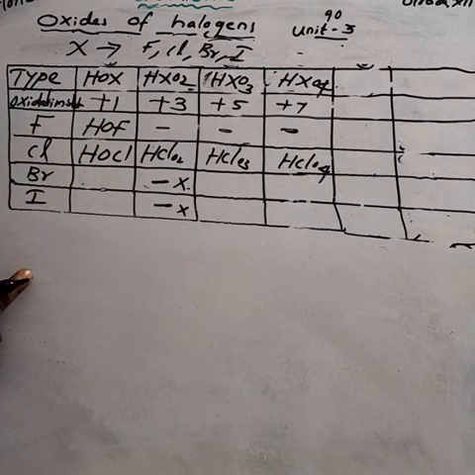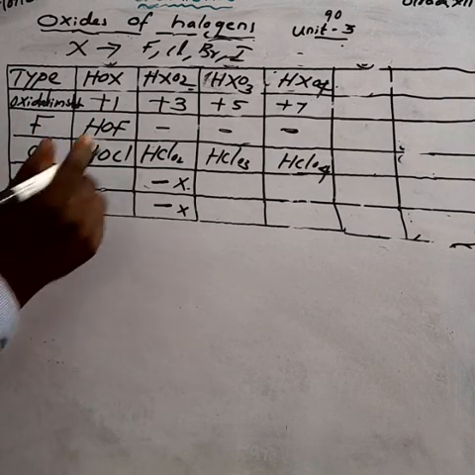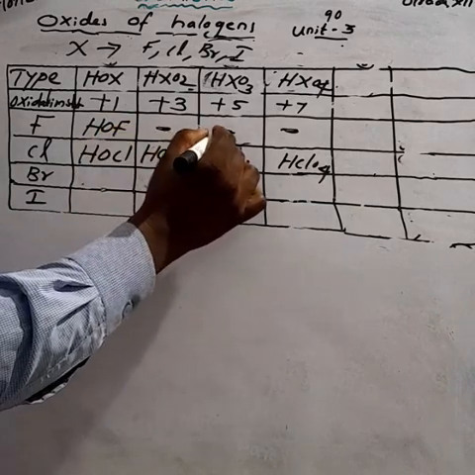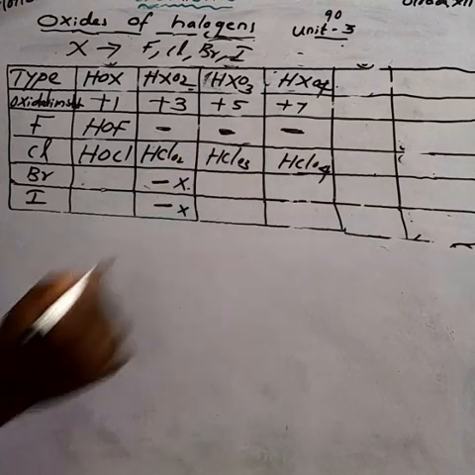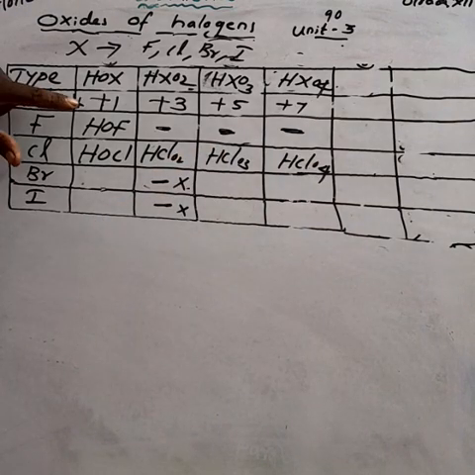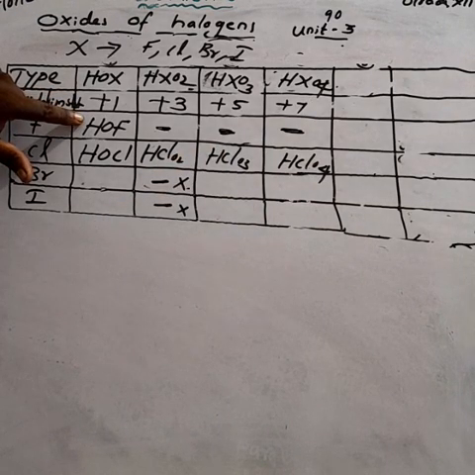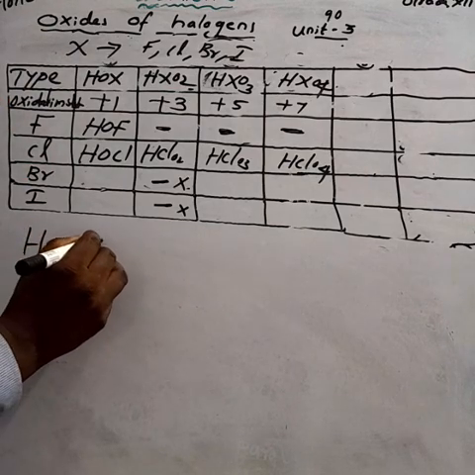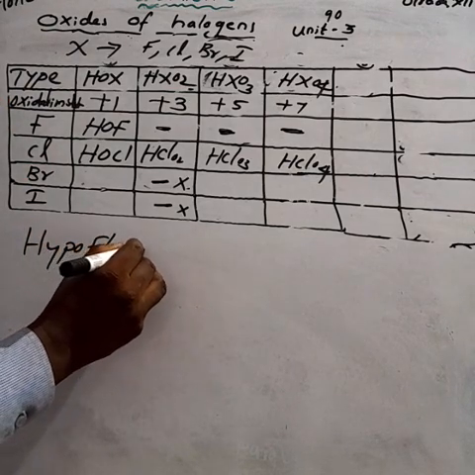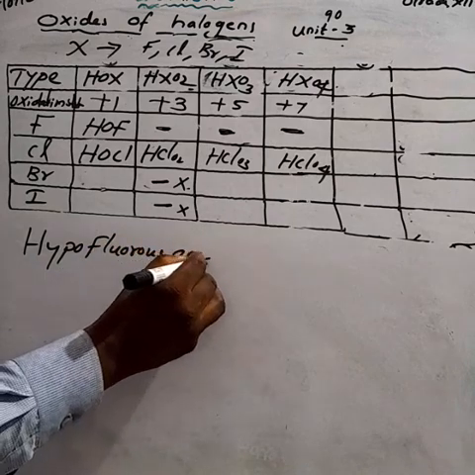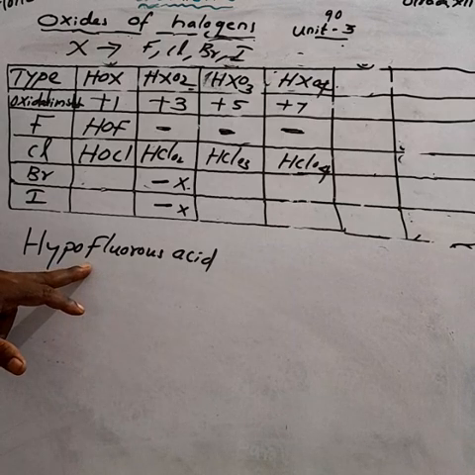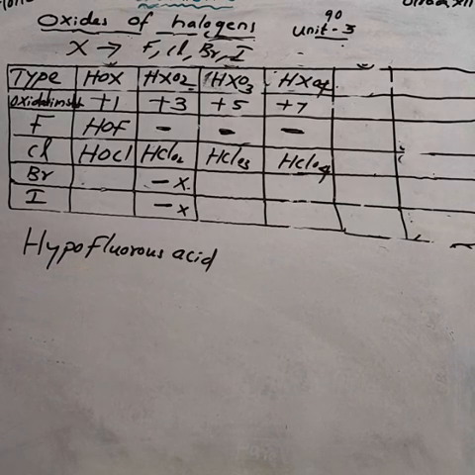It cannot form HXO2, HXO3, HXO4. It can form HOF. The name of the compound is hypofluorous acid. What's the name, my dear children? Hypofluorous acid, HOF.